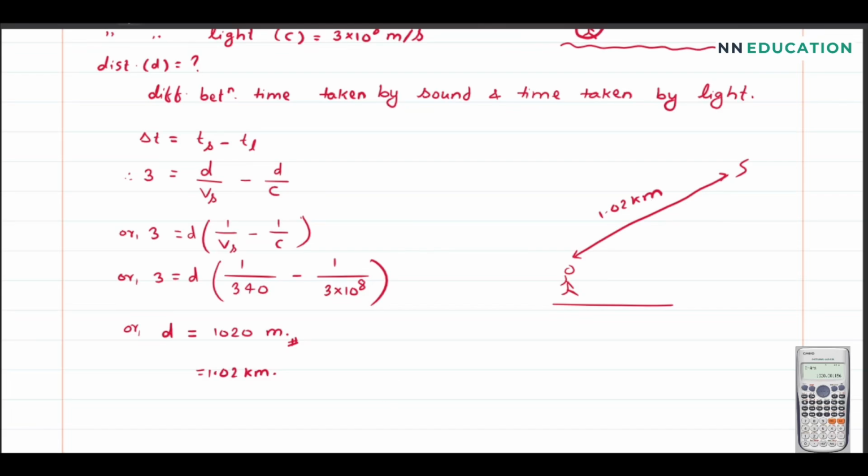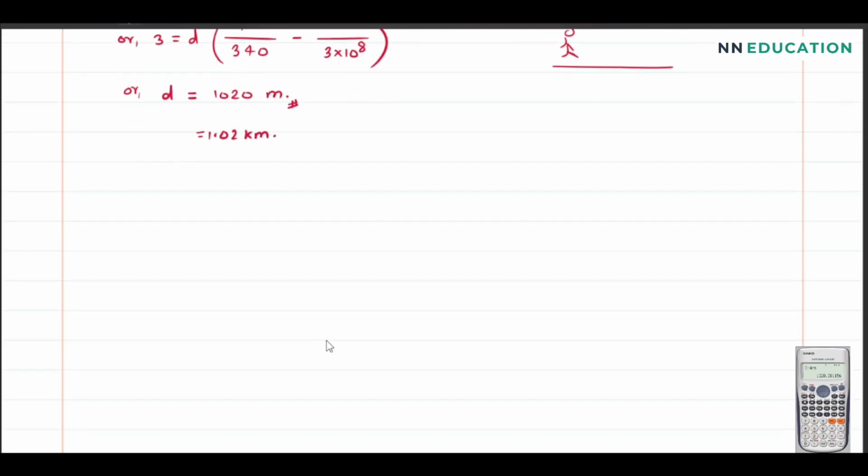There is also a very useful shortcut. So let's talk about this shortcut also. How can we calculate it using a shortcut method? Because the speed of light is extremely large as compared to the speed of sound, the time taken by light, let's say TL, is almost equal to 0.